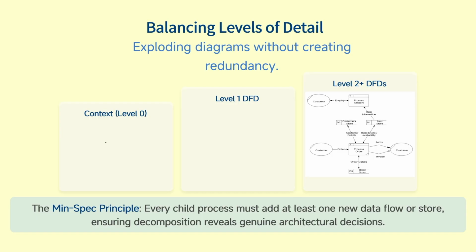So context level, we have understood it is a level 0 diagram where you will be having a process and a set of inputs and a set of outputs. Okay. And level 1 DFD is higher in detail when compared to level 0. So here you might have an order processing system. That could be an initial context diagram.